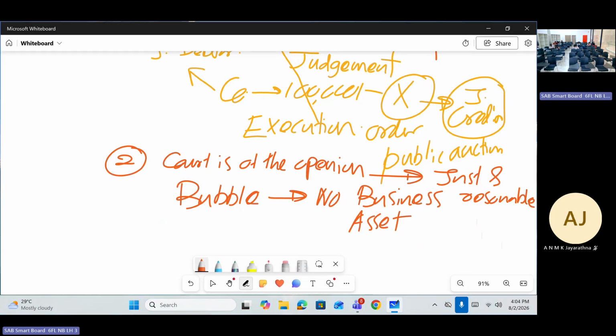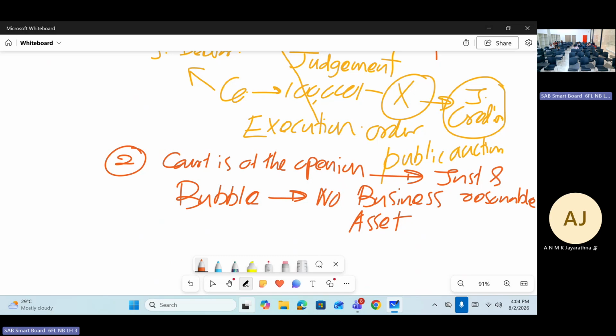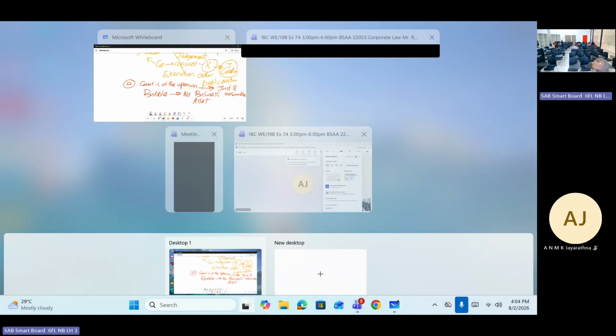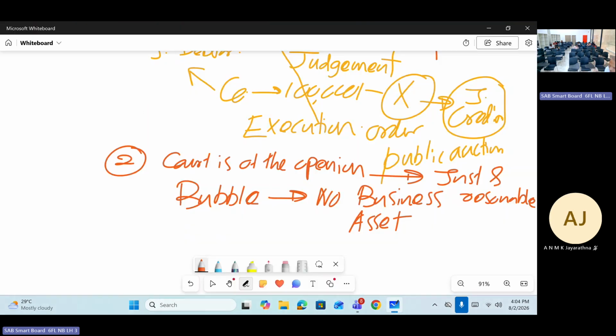So these are the grounds for compulsory winding up, or winding up by court. These are the basic things with regard to winding up by court.